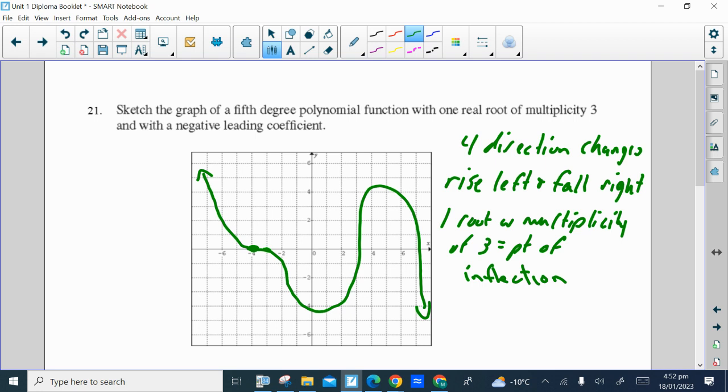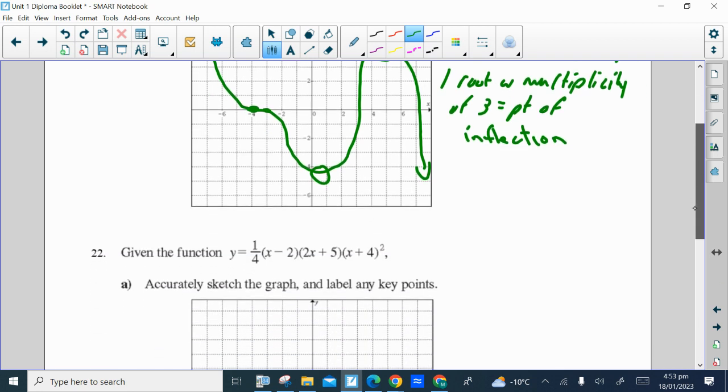So that's 2 direction changes. We got a minimum here, that's our third. A maximum there, that's our last, our 4th direction change. And the graph rises left and falls right. Remember, if the multiplicity is 2, that means the graph bounces off the x-axis there. And if the multiplicity is 1, it just simply crosses through the x-axis.